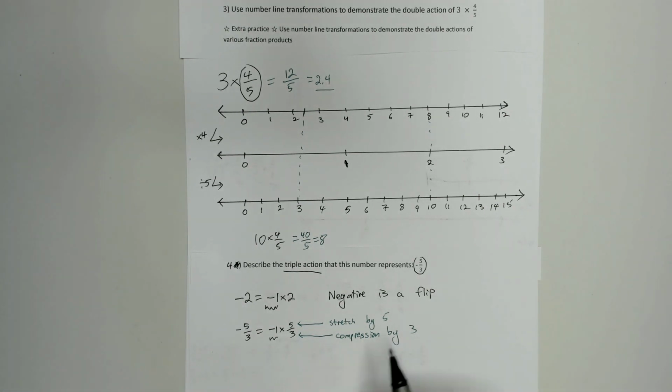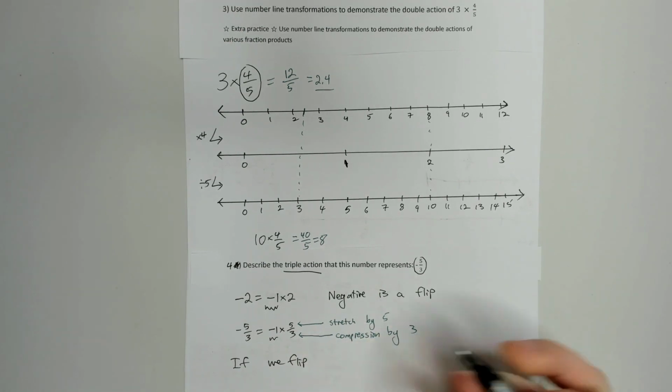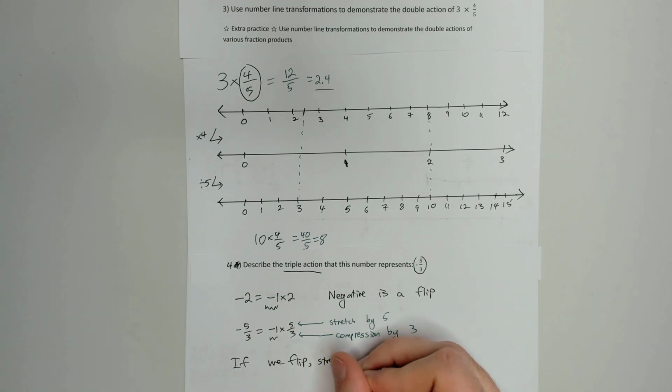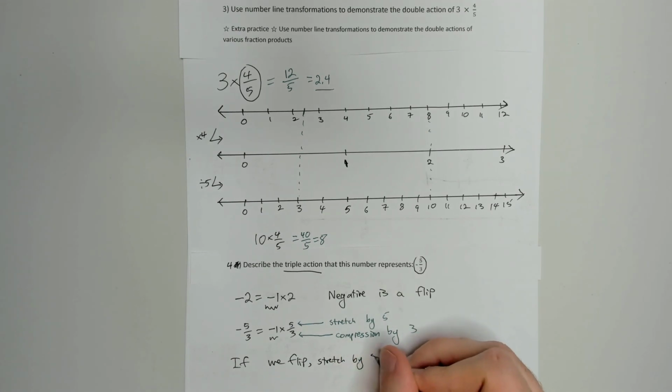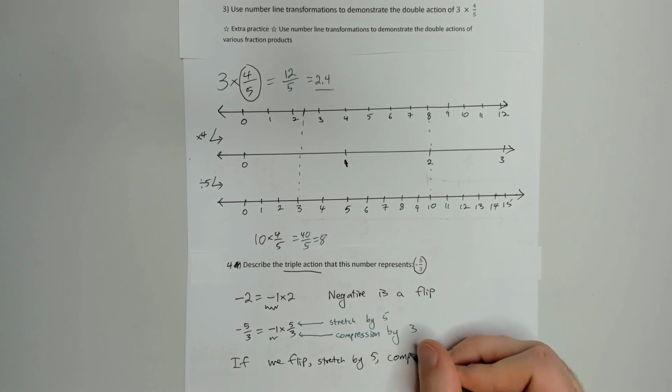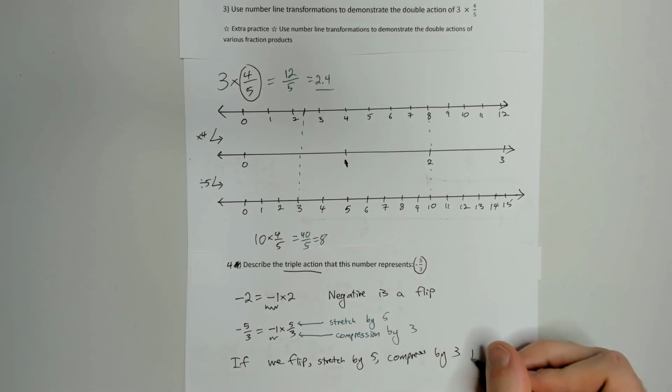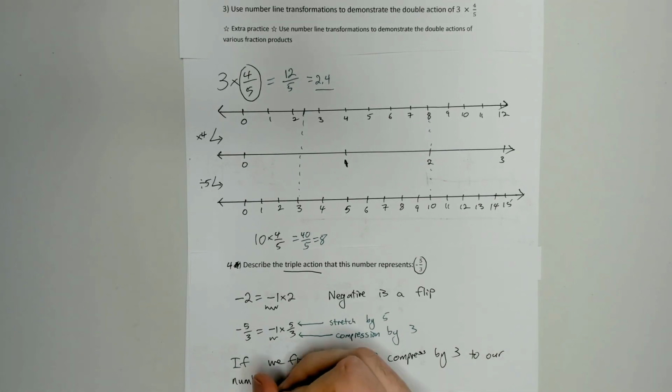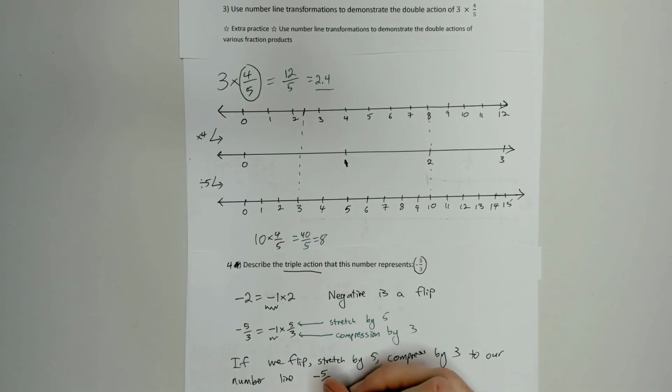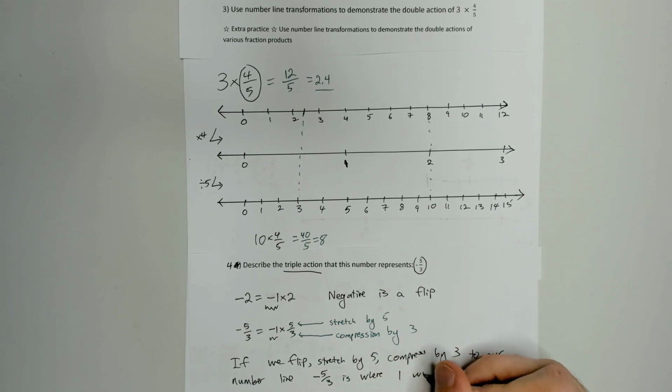The 5 says we're stretching by 5. And the 3 says we're compressing by 3. If we flip our number line, stretch by 5, and compress by 3, if we do all these things to our number line, negative 5/3 is where 1 will land.